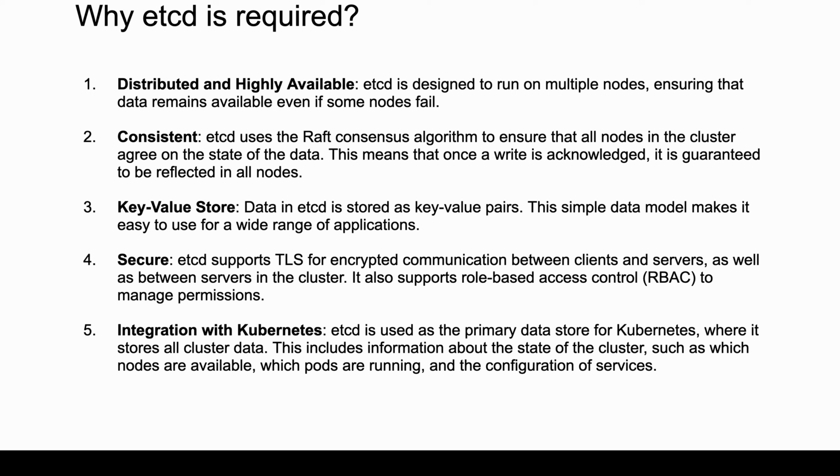So if any one of the nodes fails, etcd makes sure that it handles the other nodes as well as all other communication inside your cluster, so that your cluster is highly available and is able to interact with the user. You can also learn about Raft consensus, about how this makes your etcd distributed and highly available.